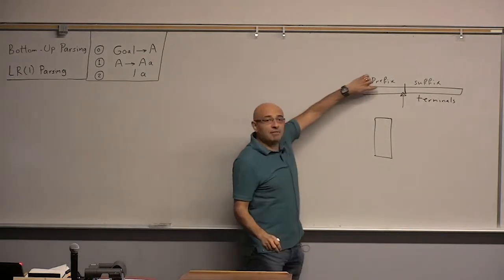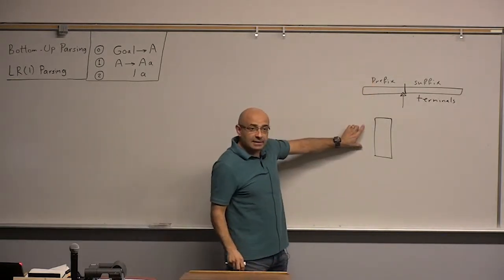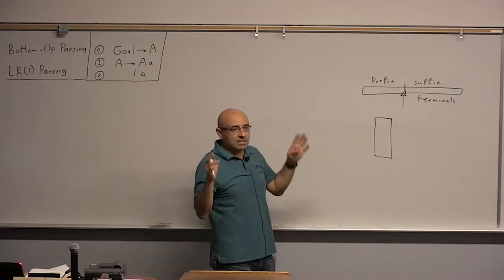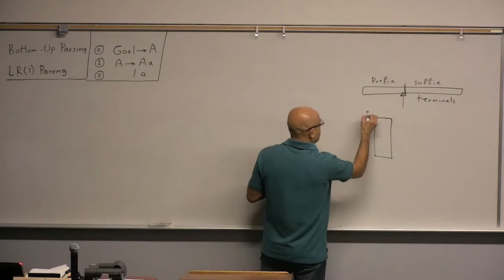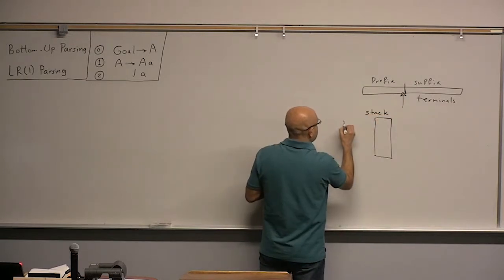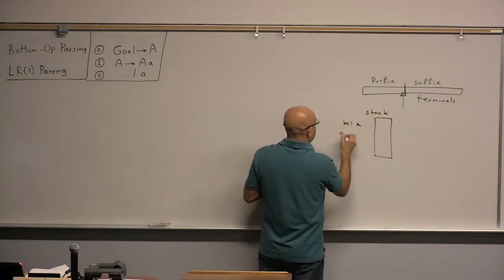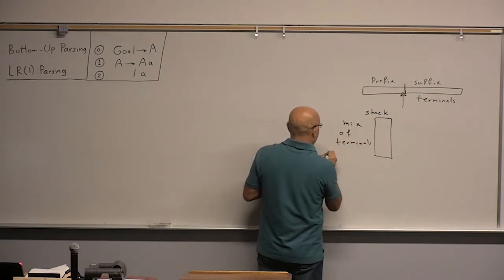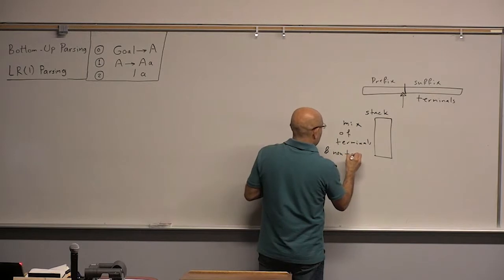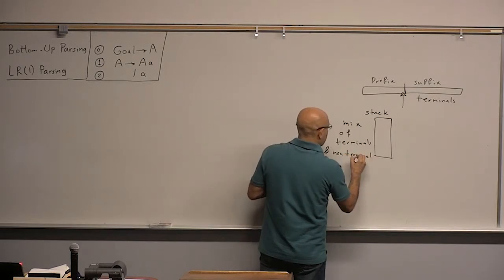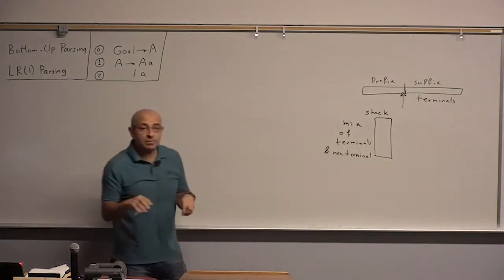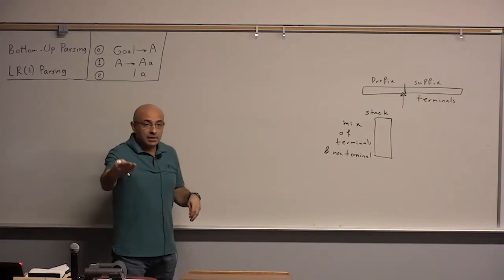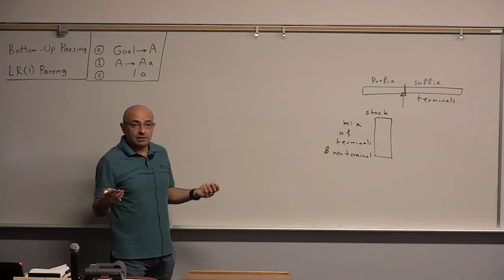But the part that we have processed is now on the stack, and it's a mix of terminals and non-terminals. And why does the stack have a mix? Because we may have made some reductions. Every reduction that we make will introduce a non-terminal.